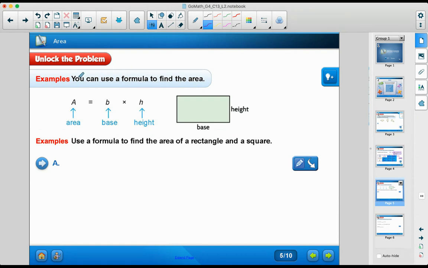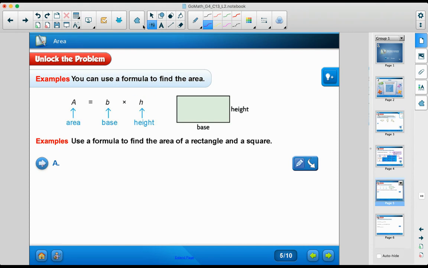Here it says, you can use a formula to find the area. Here is your rectangle, here is your base, and here is your height. Our formula is area A equals B, base, times H, height.